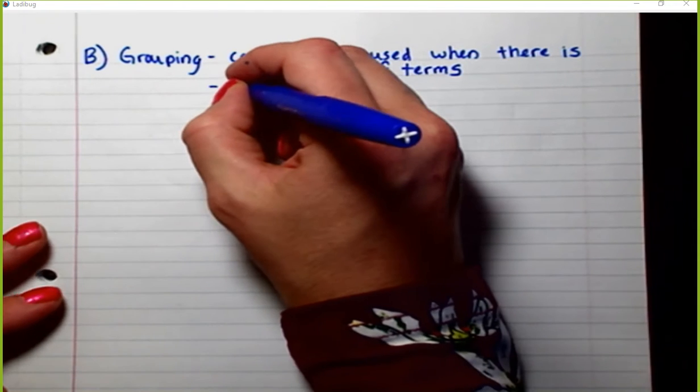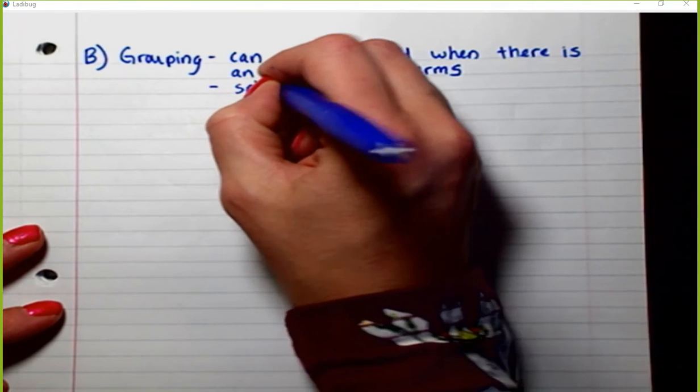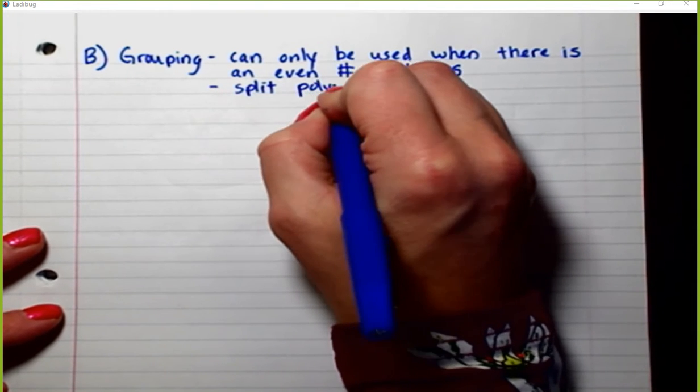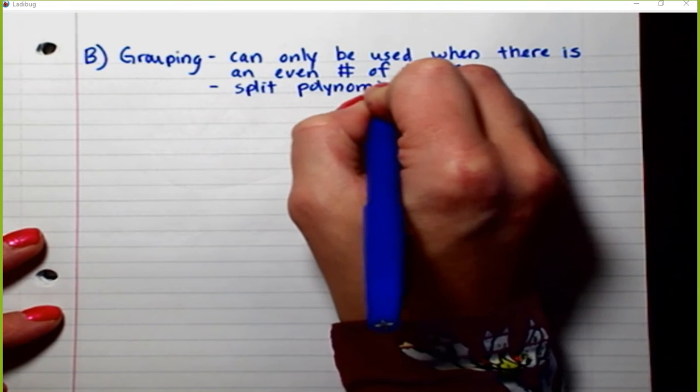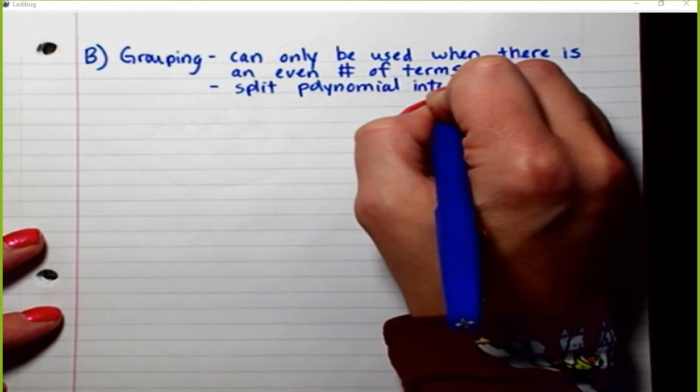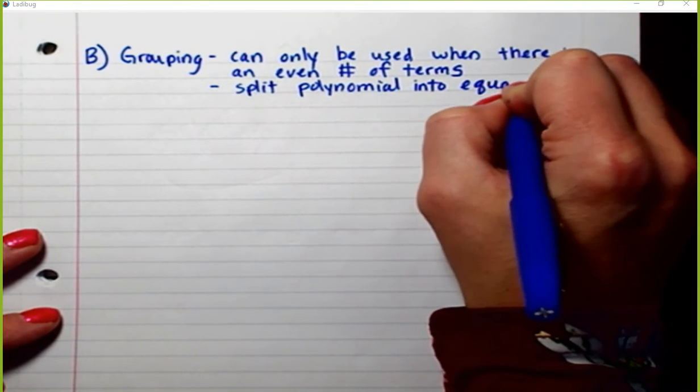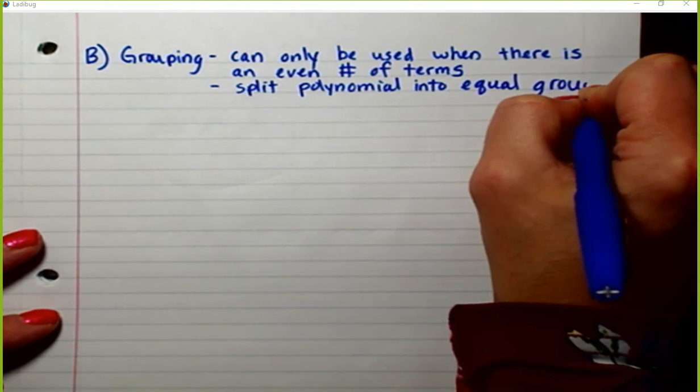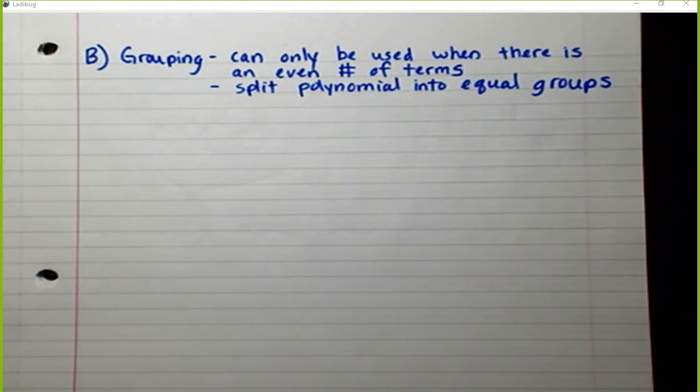And in order to do grouping, you split the polynomial into equal groups. So depending upon how many terms you have, you can split it any way you want as long as the groups have the same number of terms.